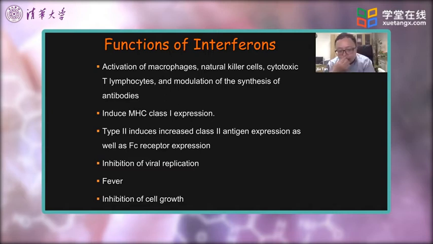Basically, the interferon is trying to change the state of growth into a state of defense, so that it can slow down cell growth, which can also lead to certain side effects if you use this to treat human patients.